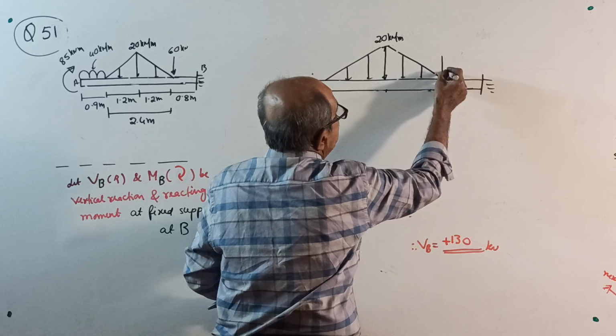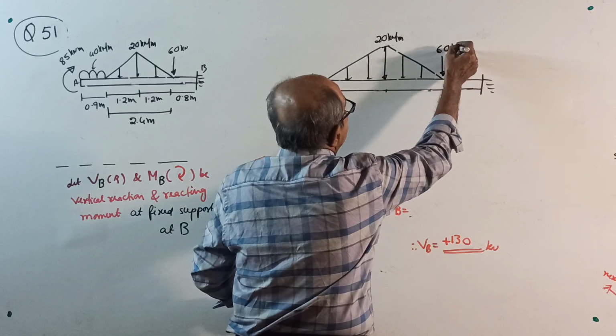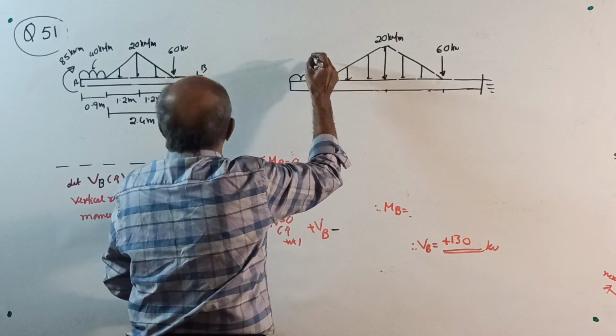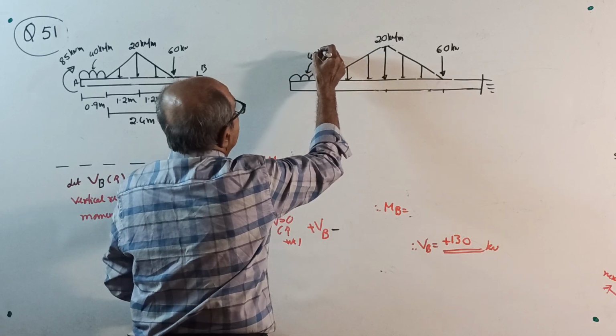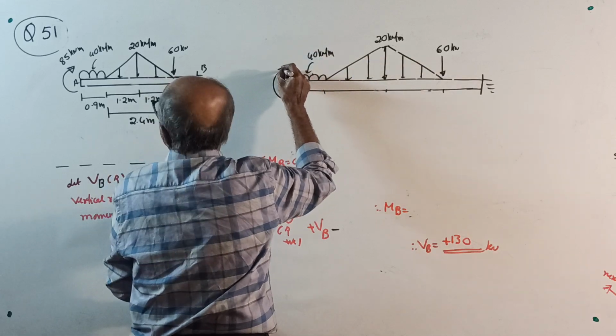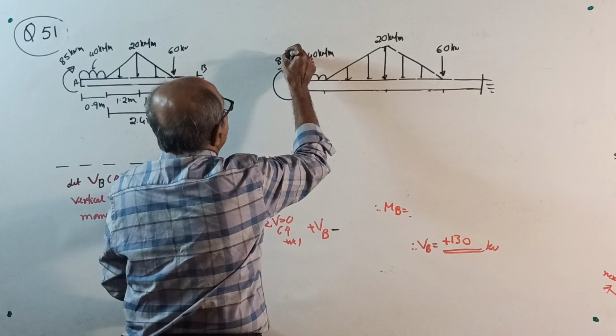One point load 60 kilonewton here, one UDL here of 40 kN per meter, and one clockwise couple, 85 kilonewton meter.